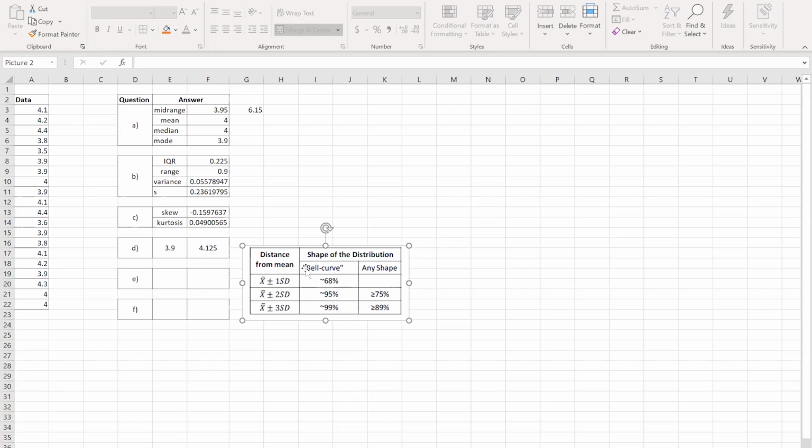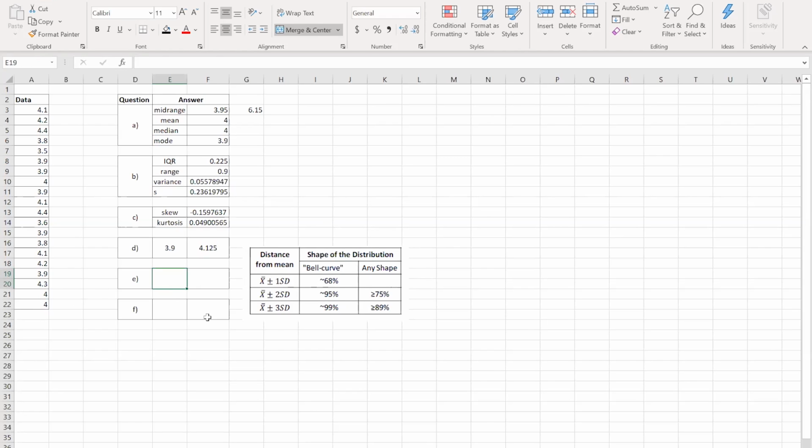We're focusing on this bell curve, this normal distribution, that 68% of data falls within one standard deviation of the mean. The mean plus or minus one standard deviation gives us the range for 68% of data in a normal distribution.